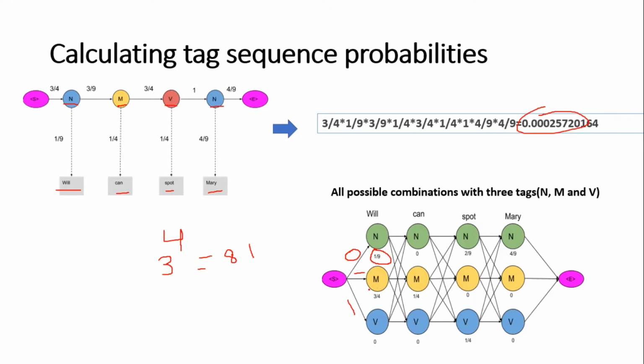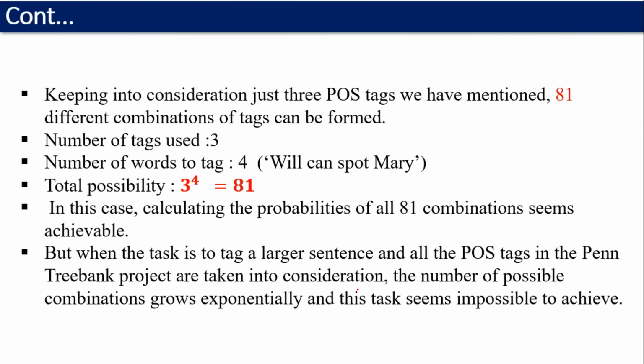You need to include both the transition and emission probabilities with the help of the table. Now you can see there are total 81 different combinations of tags. Number of tags used are 3 and number of words used to tag are 4, so it gives you 3 power 4, which is 81.